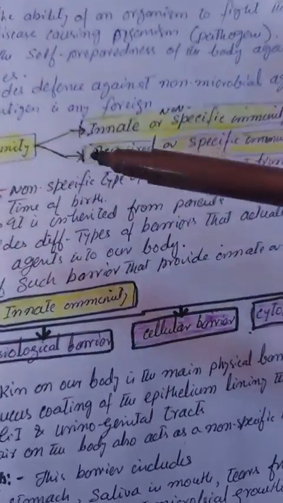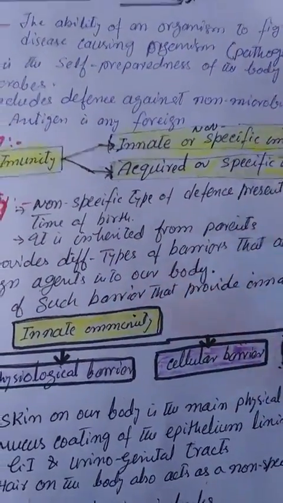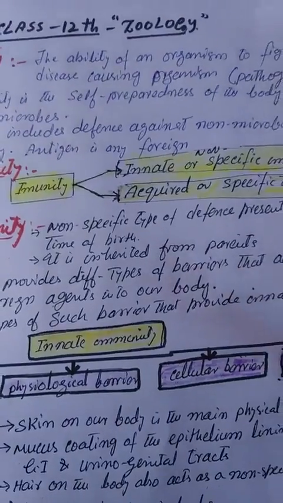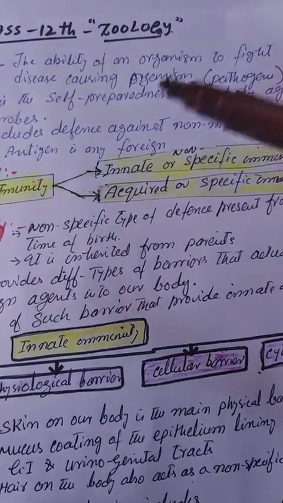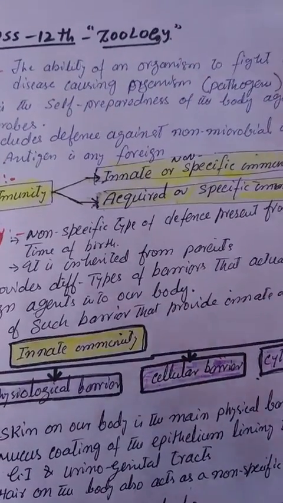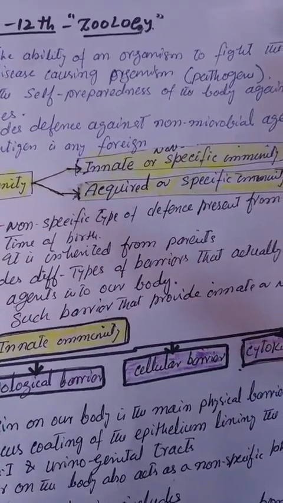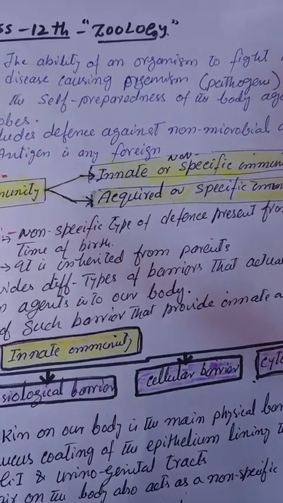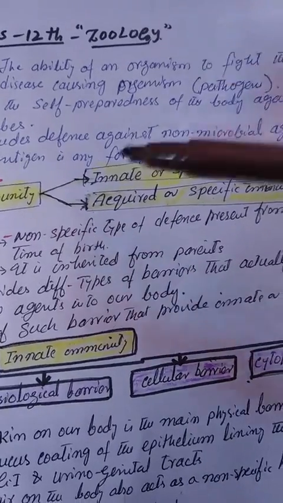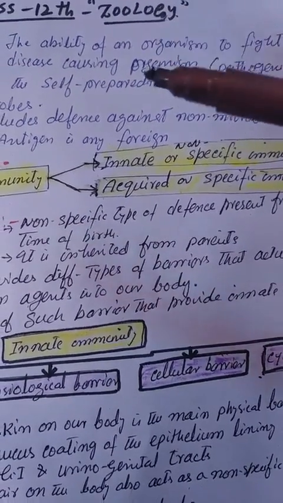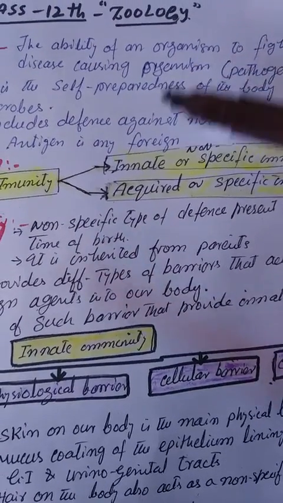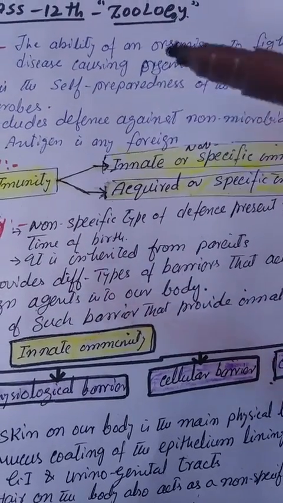Innate immunity is a non-specific type of defense present from the time of birth. This type of immunity is basically inherited from the parents to the offspring. It is called non-specific immunity because it behaves equally for every disease-producing germ.